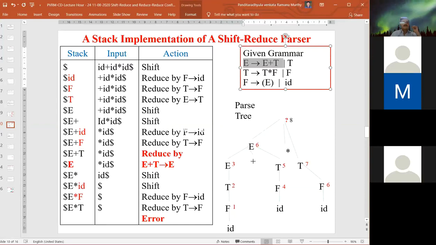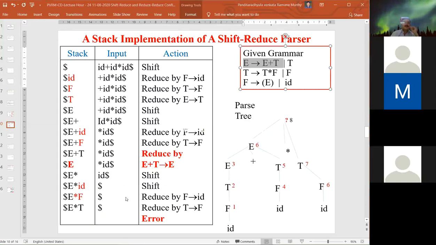We shifted this multiplication sign onto the stack. Then once again using the shift operation, we shifted the remaining input terminal ID onto the stack. After seeing this ID, we can utilize the reduce operation. This ID is reduced by F derives ID. ID is replaced by F.